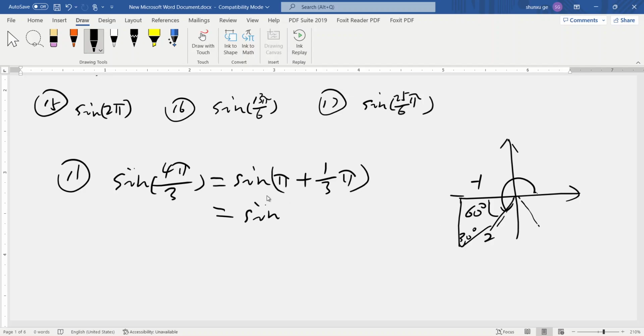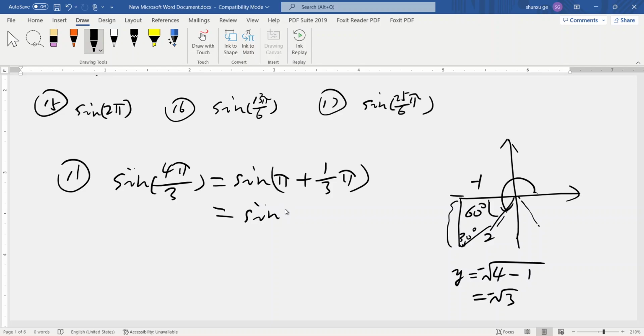Okay. So we write there sin, and this one, we find this. This should be the square root of 4 minus 1, so square root 3. But here, this position is at the negative part of the y-axis. So it should be negative square root 3.